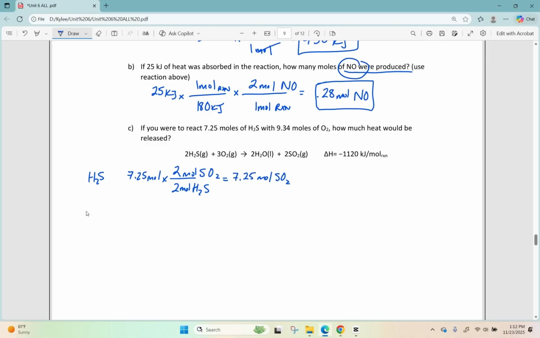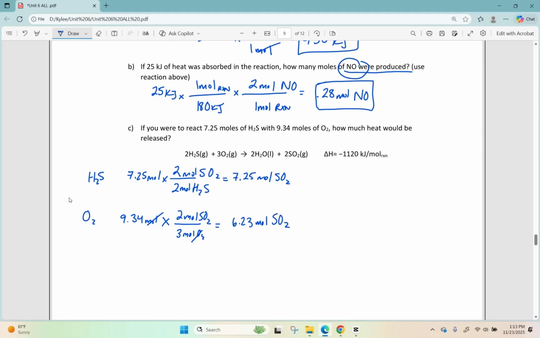For my other reactant, that is the oxygen gas, I have 9.34 moles. And it is not an equal mole ratio. It's 3 moles of oxygen to 2 moles of SO2. So for this one, I actually get 6.23 moles of SO2.